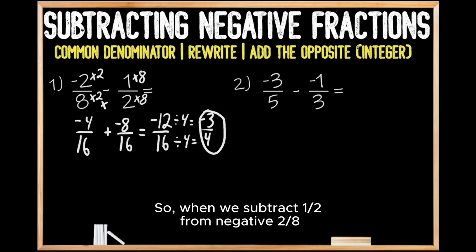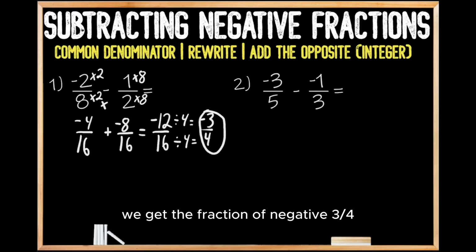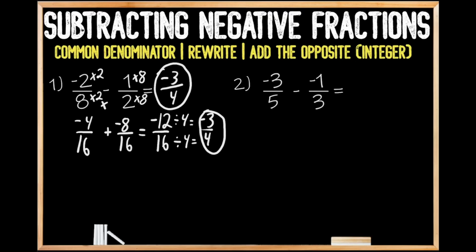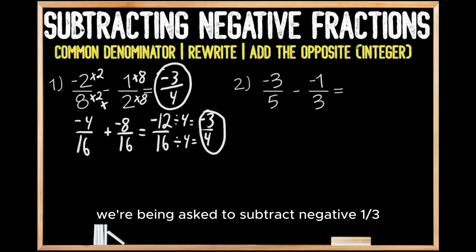So when we subtract 1/2 from negative 2/8, we get the fraction of negative 3/4 when written in its lowest possible terms.